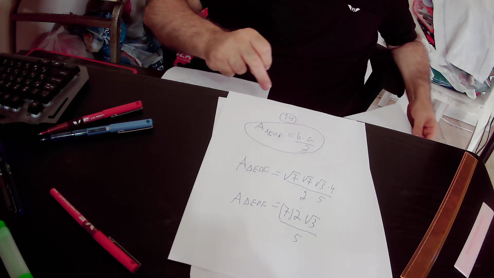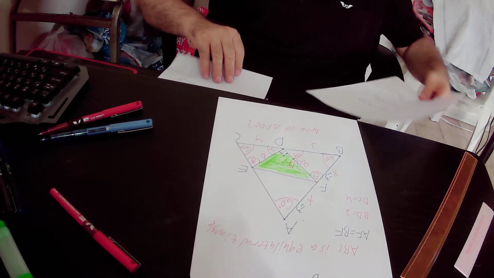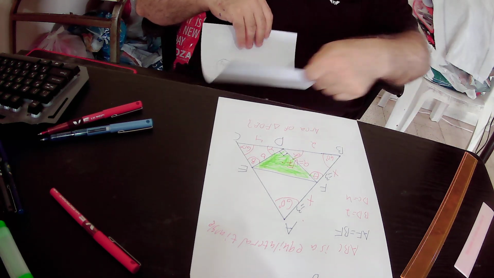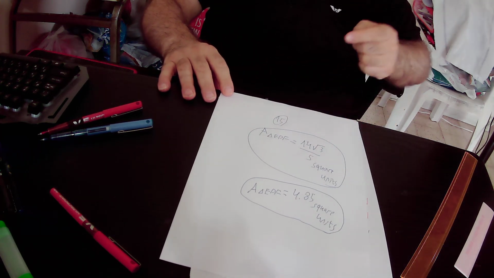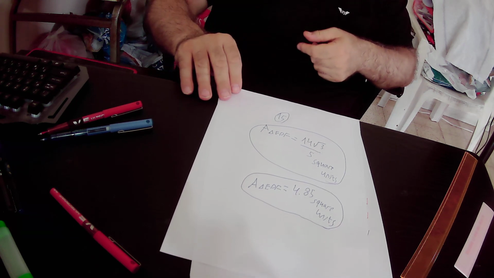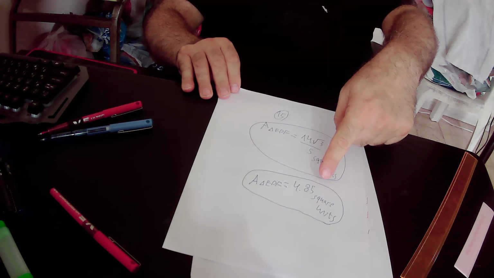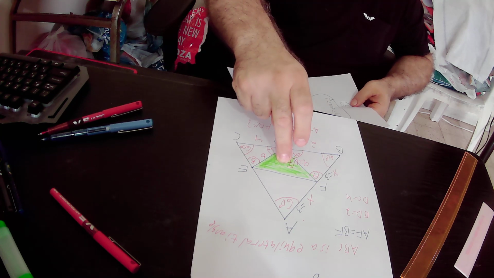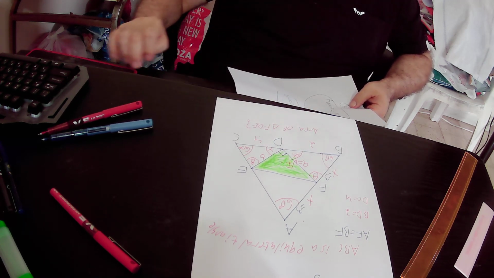And we found that the area of the green triangle EDF equals 14 times root 3 over 5 square units, or in terms of numbers, the area of the green triangle EDF equals 4.85 square units. Again, the area of the green triangle EDF equals 4.85 units. Okay, thank you very much.